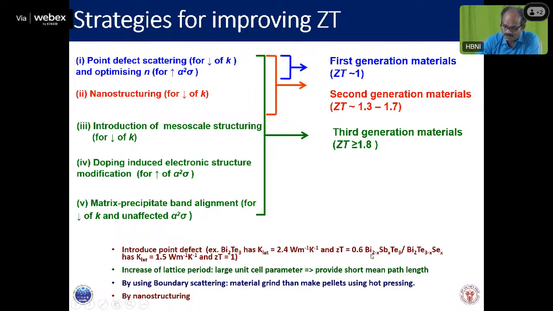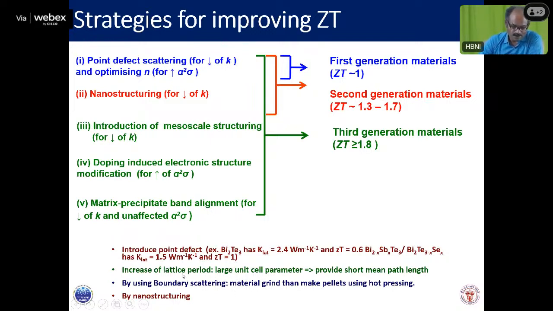For bismuth antimony telluride and bismuth telluride selenium, the lattice conductivity is about 1.5, and ZT is very close to 1.